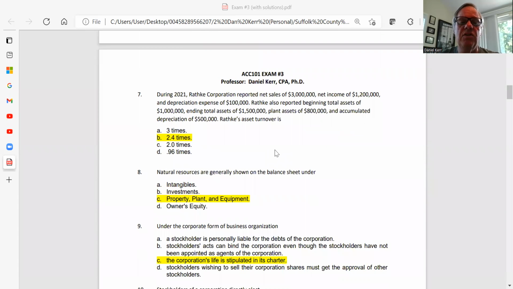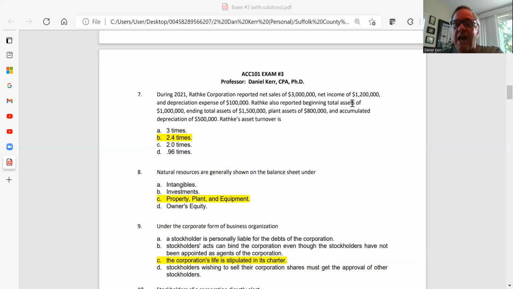Number 7, during 2021, the Rathke Corporation reported net sales of $3 million, net income of 1.2, depreciation of 100. So there's a whole bunch of stuff in here you don't need. They also reported beginning assets of 1 million and ending assets of 1.5 million. They told us what the plant assets were, and they told us what the accumulated depreciation was.